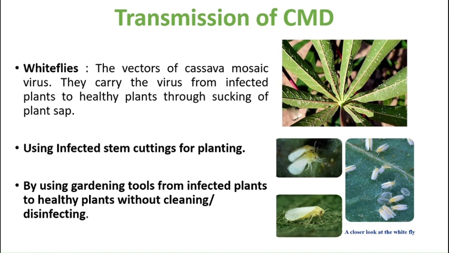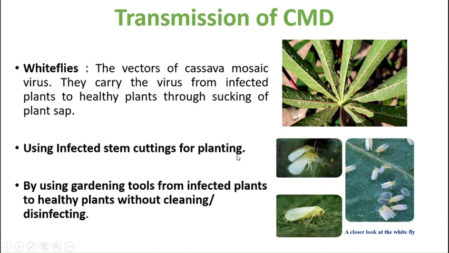And if the cassava plant is affected by the virus, now it will carry that virus. As it goes to another plant to suck, it will end up injecting that virus into a healthy plant, leading to transmission. So it's the major vector for the virus.